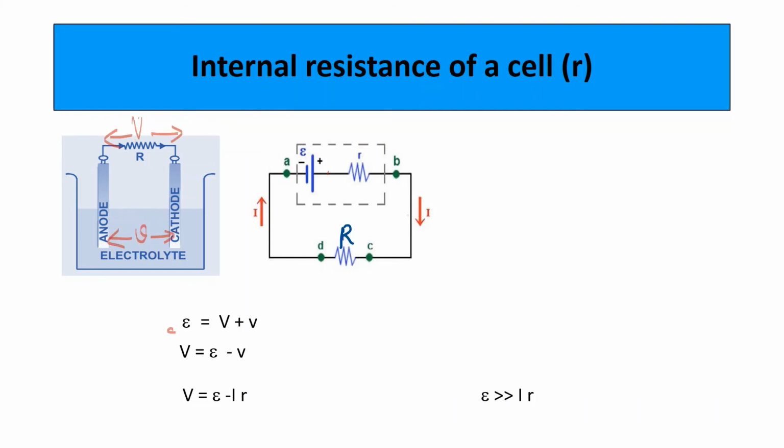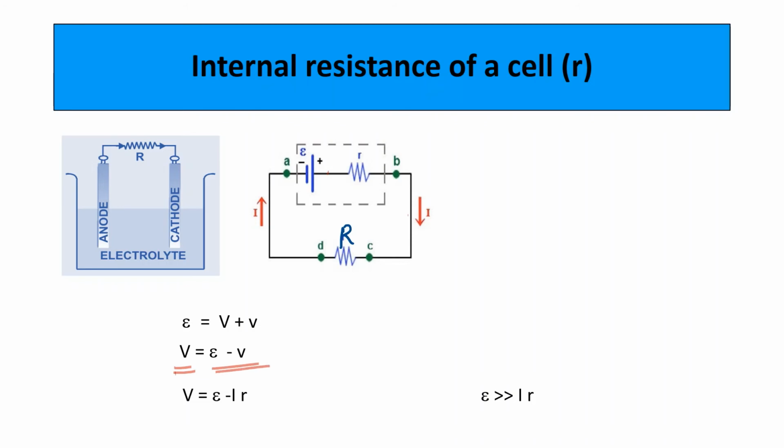What is epsilon? Epsilon is the electromotive force, that is V plus small v, where V is the terminal voltage and small v is the voltage drop. Therefore, V is equal to epsilon minus small v.